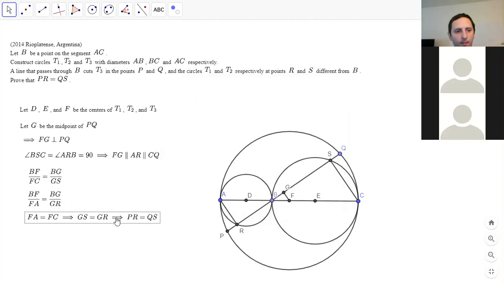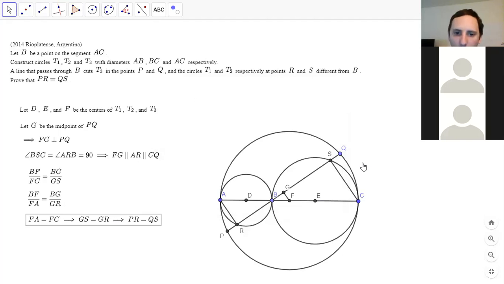So, Daniel from Iran, you just wrote that we can use simple congruence. So which triangles are congruent?